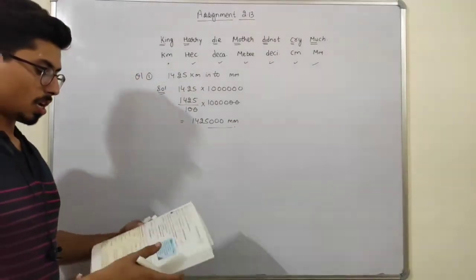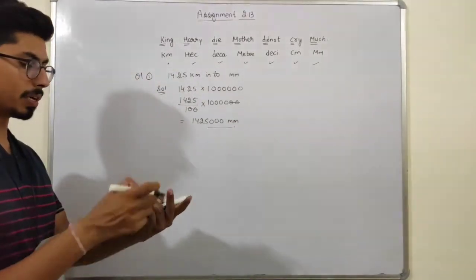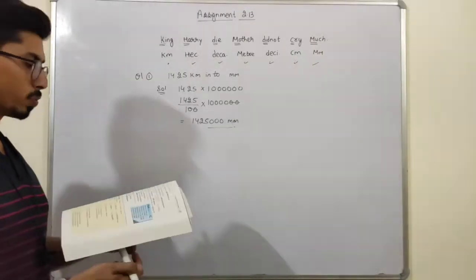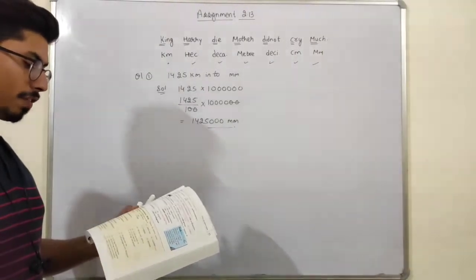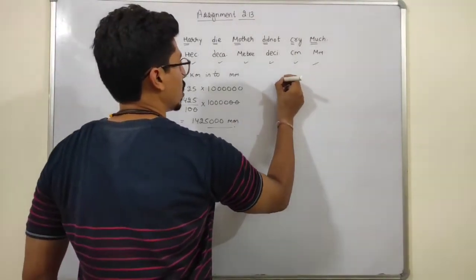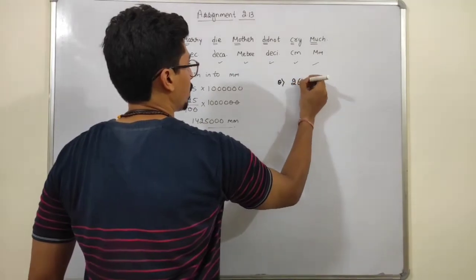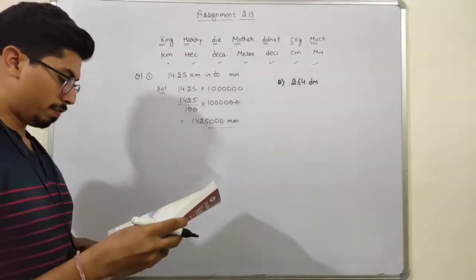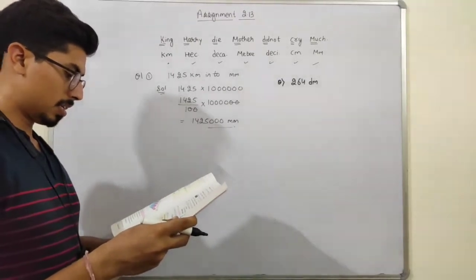Okay, students. Now, moving forward to our question number, first question, second part. That is, we have to convert 264 decimeter.